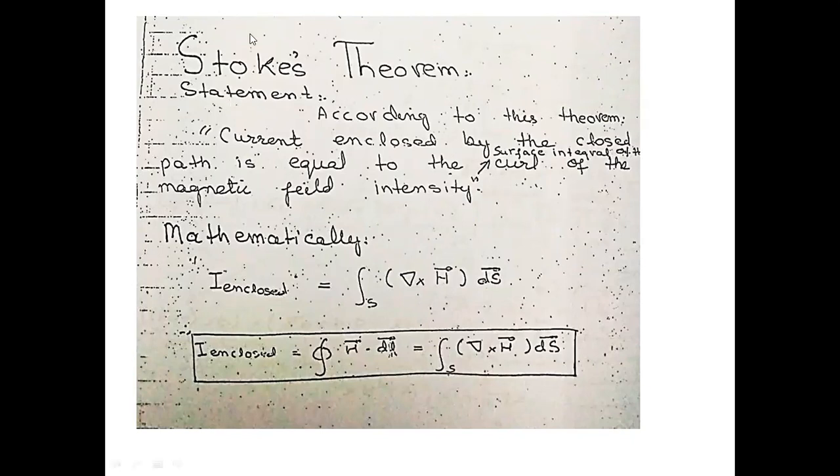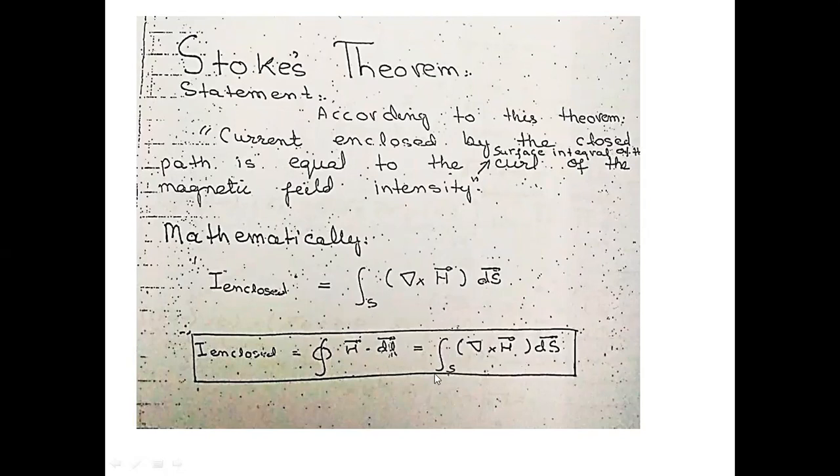According to the Ampere circuit law, we have studied that I enclosed is equal to the line integral of H dot dl. And now in the Stokes theorem, I enclosed is equal to the surface integral of the curl of the magnetic field intensity.